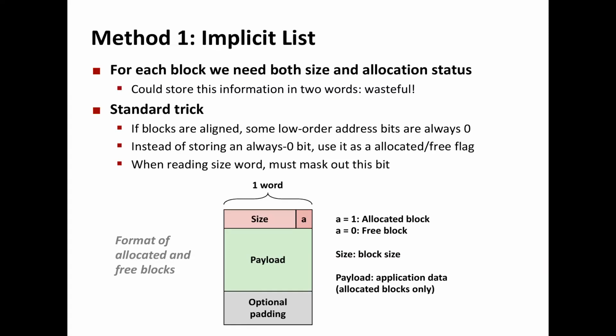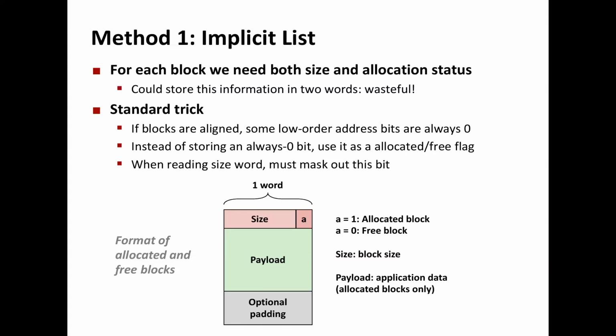Okay, so 2-byte alignment means at least 1 bit has to be 0, right? The lowest bit has to be 0. Because if I'm 2-byte aligned, that means I have offset 0, offset 2, offset 4. And if you convert to binary, you will see that the lowest bit always stays 0: 0, then 10, then 100, and so on.